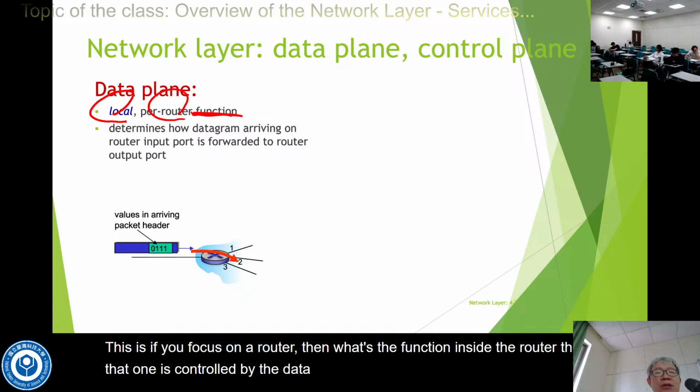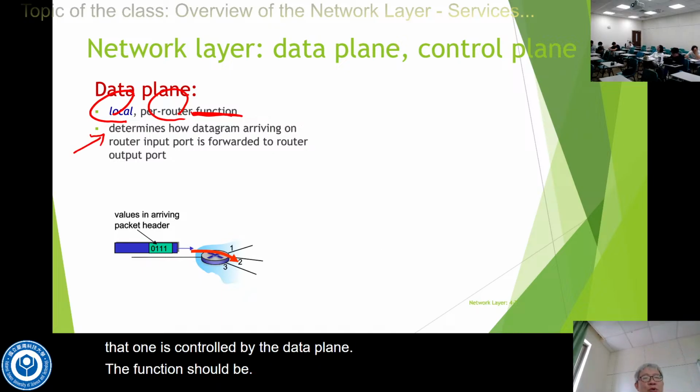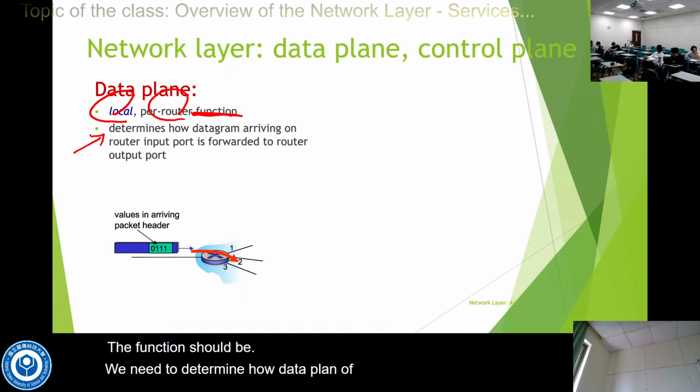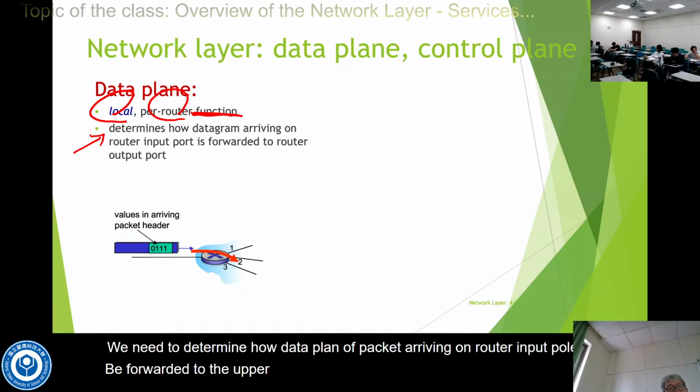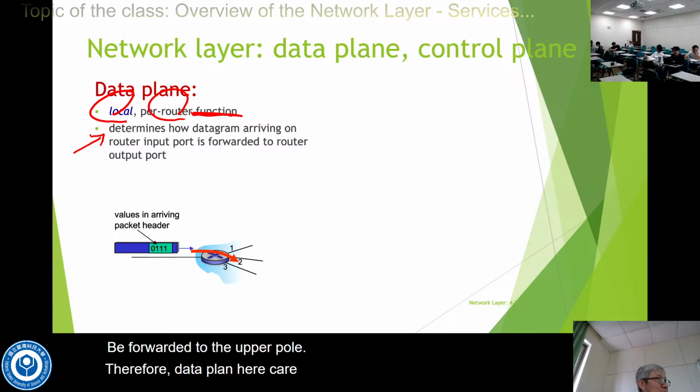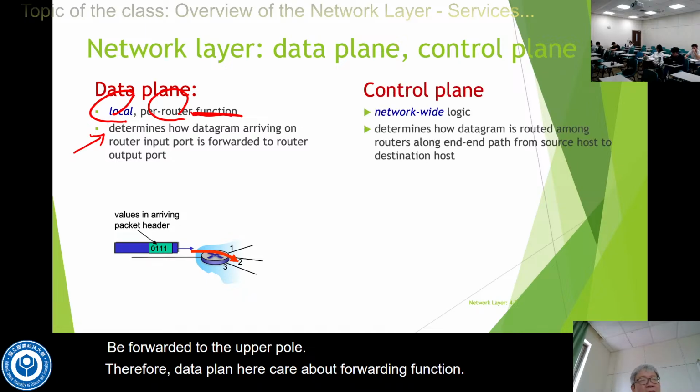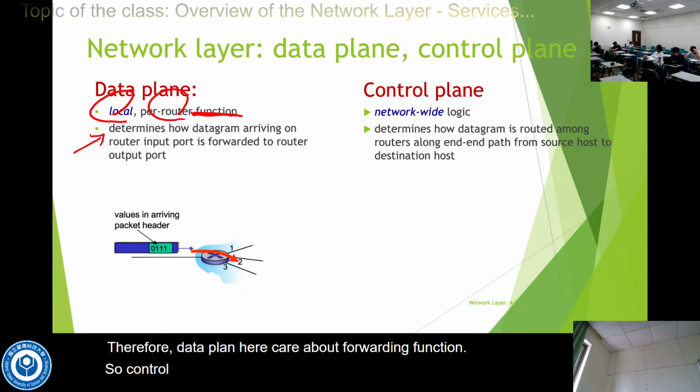The function should be that we need to determine how packets on the router input port are forwarded to the output port. Therefore, the data plane here cares about the forwarding function. The control plane is the network-wide logic.